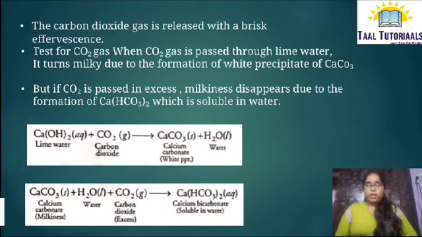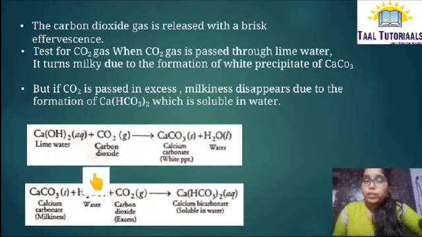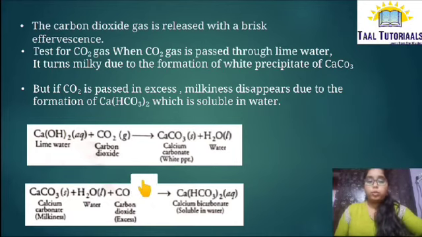Calcium bicarbonate, which is soluble in water. See, you can see here are the equations. That is, lime water reacted with carbon dioxide, you get calcium carbonate, which is a white precipitate, and you get water. And this calcium carbonate reacts with water and carbon dioxide to give calcium bicarbonate.